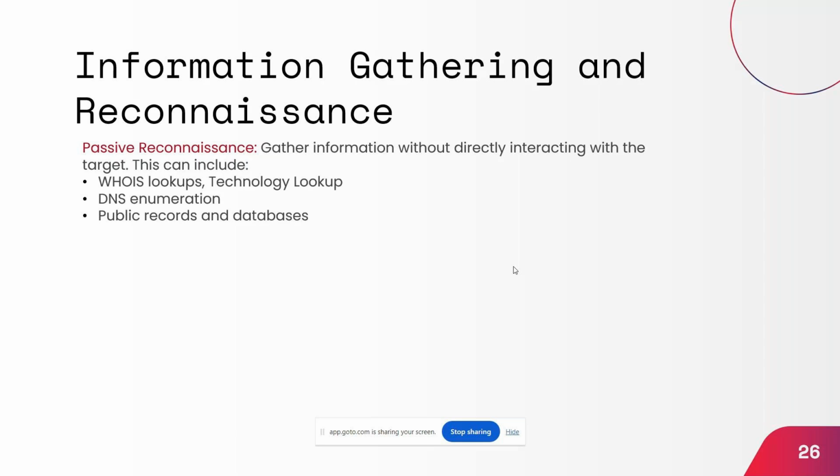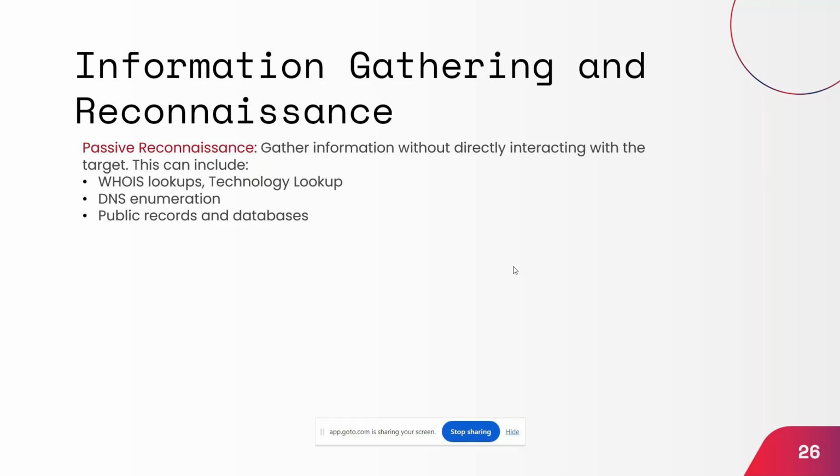It's like if I wanted to gather information about you, I will not directly come and gather it from you. I might go and ask your friend. So there is no direct interaction between you and me. Similarly, in passive reconnaissance, they gather the information from other services.